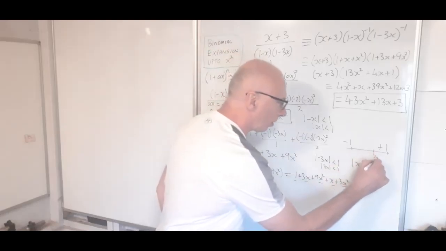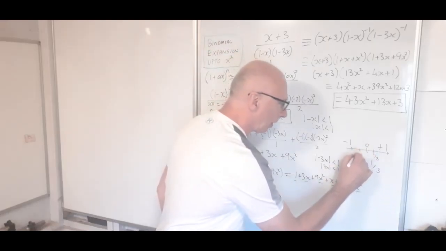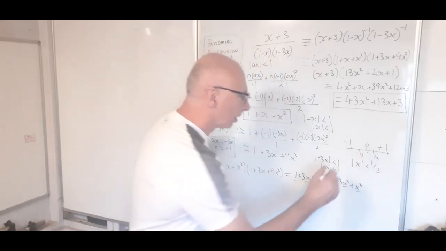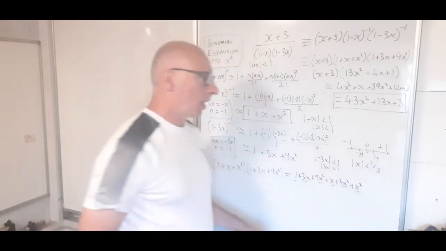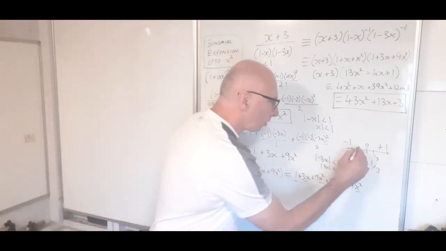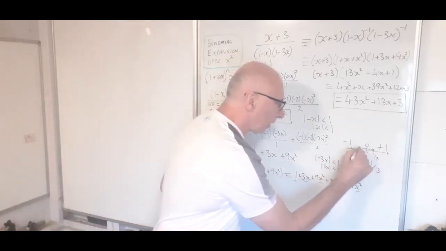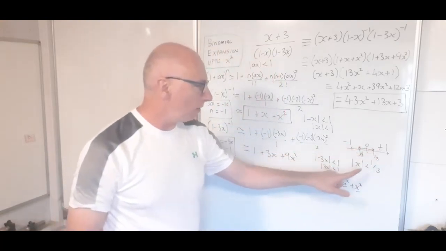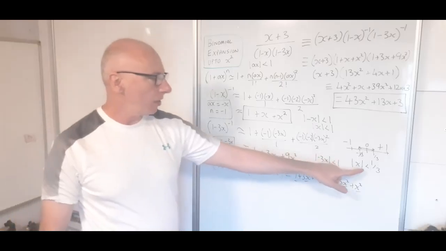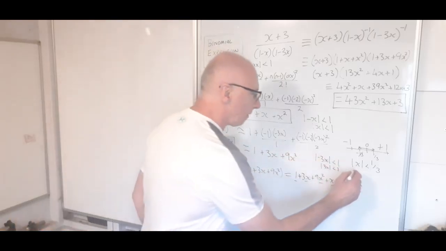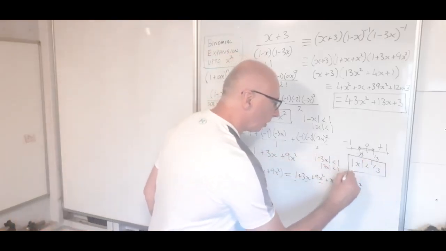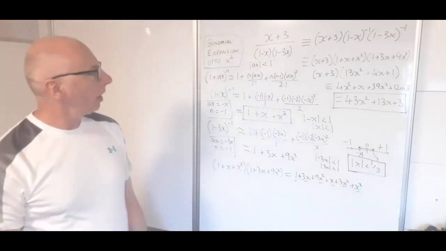So here we're at 1/3, that's my 0, and then minus 1/3. So this is where our series is valid. These bits here are not valid for this expansion. So that's where this series would be valid. Okay, and then we are done.